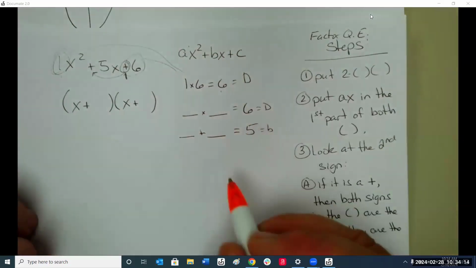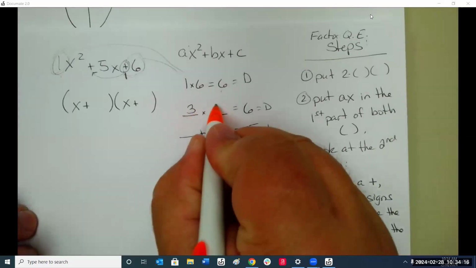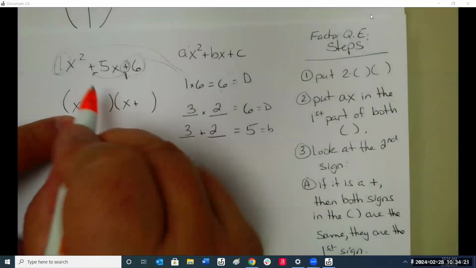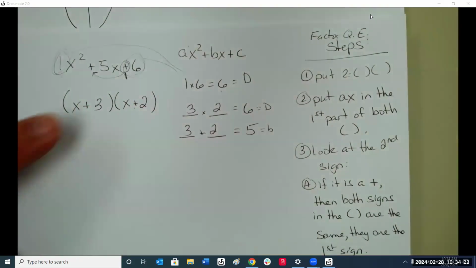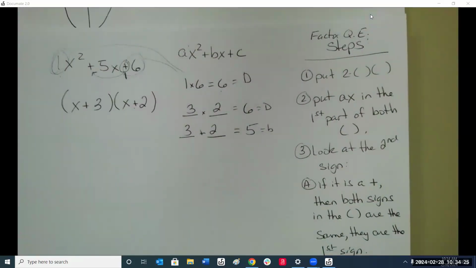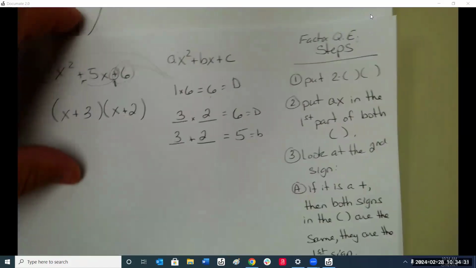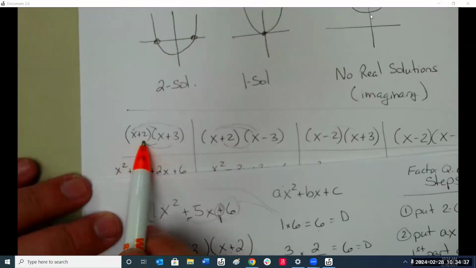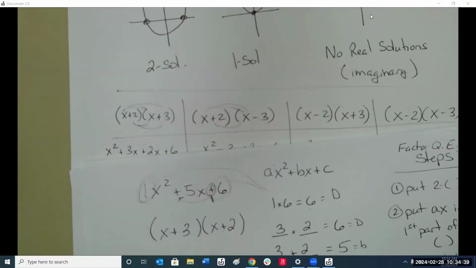When you add them, you get 5. Yeah, 3 times 2 or 2 times 3. Since both signs are the same, it doesn't matter which ones you put in there. So if it was negative, well, we'll get to that. And sure enough, our answer x plus 2, x plus 3 is what it's supposed to be. Does it matter which order I put them? By the commutative property of multiplication, it doesn't matter.